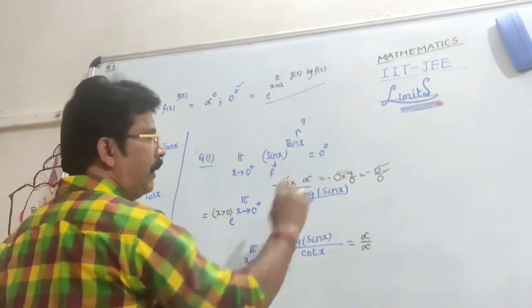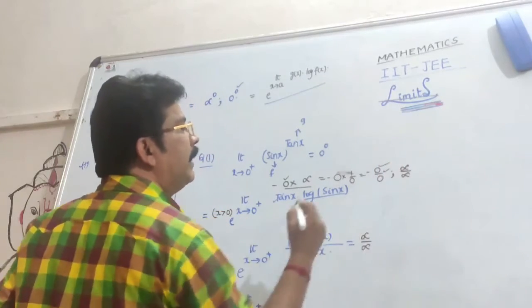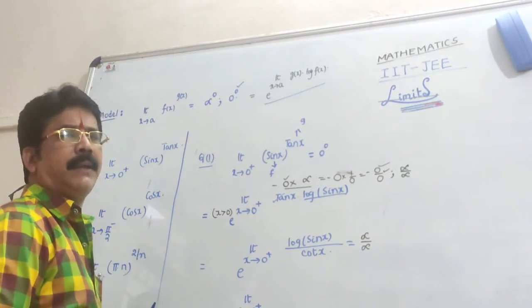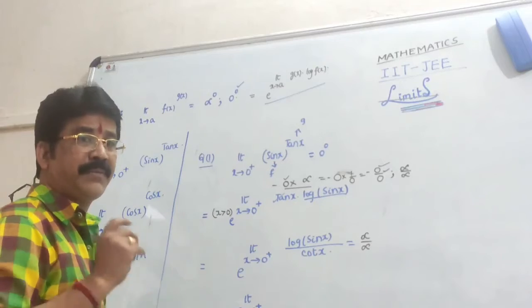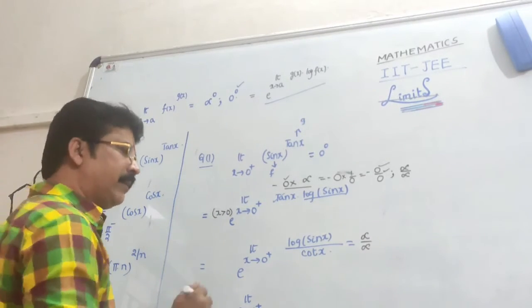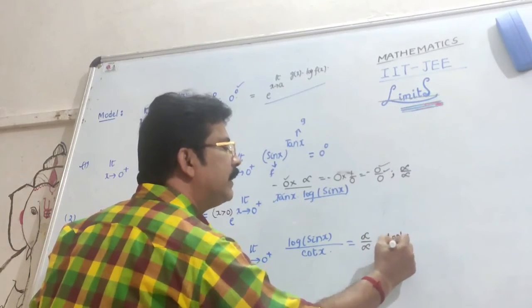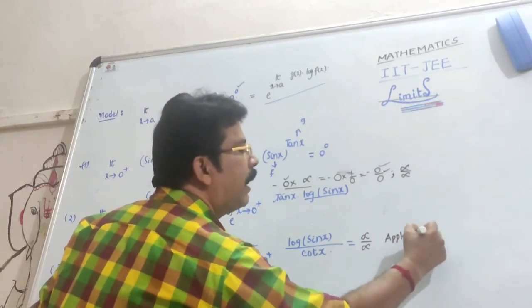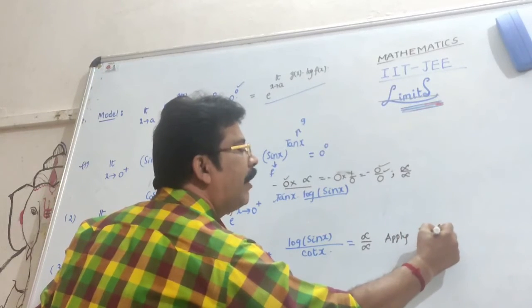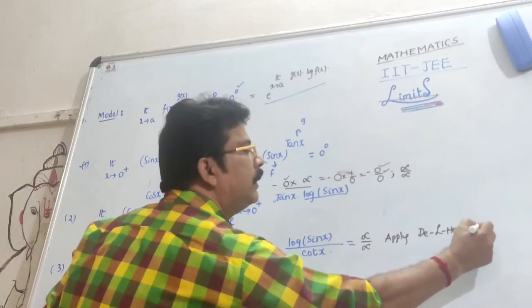Anyhow it is 0 by 0, or already I said infinity by infinity. We are applying the L'Hospital rule for the forms 0 by 0 or infinity by infinity. Therefore here we apply the L'Hospital rule.